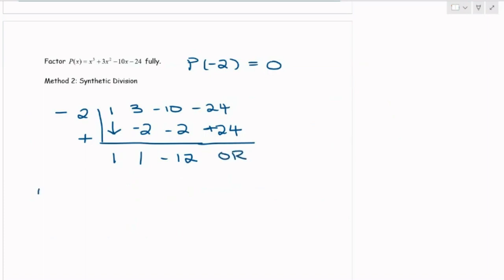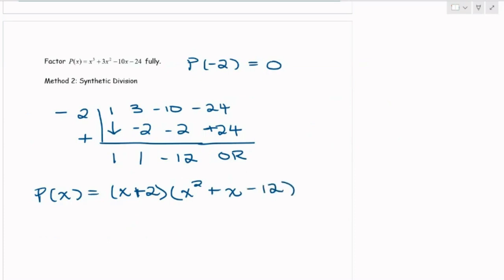So what this means is p of x can be written with this x plus 2, because you always have to do the opposite when it's in factored form. And then you have, now this was a cubic. So this means this first coefficient is now squared. It's always 1 less than the degree you're starting with. So this is going to be x squared plus 1x for here minus 12.